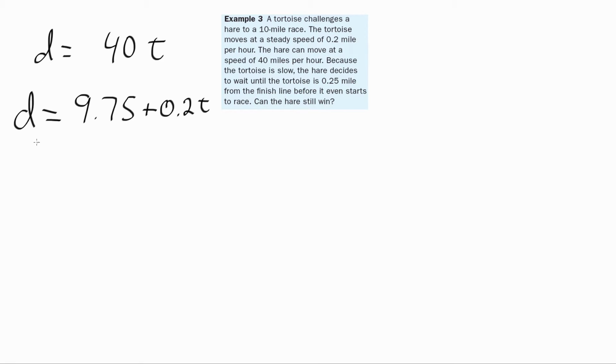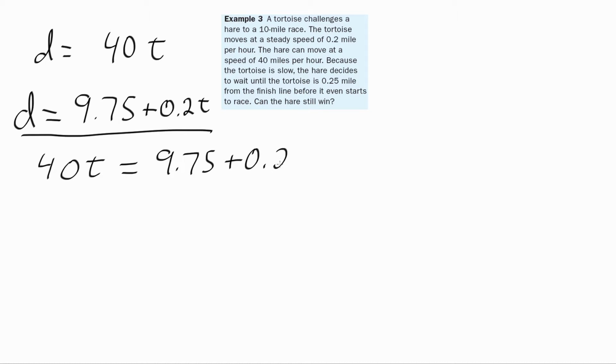So since these both equal d, we'll do our substitution and say that 40 times the time for the hare is equal to 9.75 plus 0.2 times t, the tortoise's speed. So this will give us a chance to solve and see what our t will be and see if the hare can still win. So we'll solve for t.